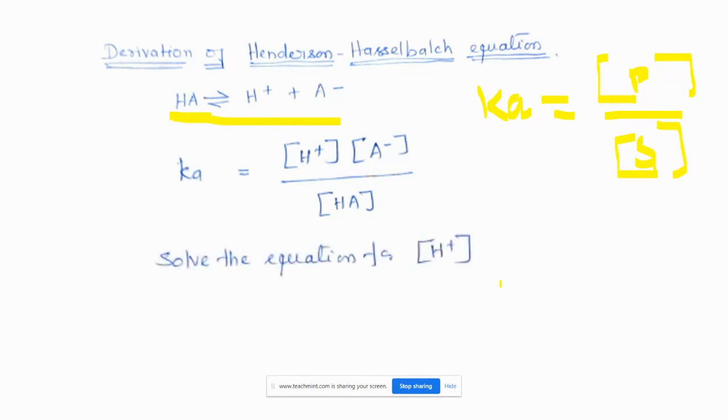Next, solve the equation for H plus ion, because only the H plus ion concentration determines the pH. So we have to solve this equation for H plus.